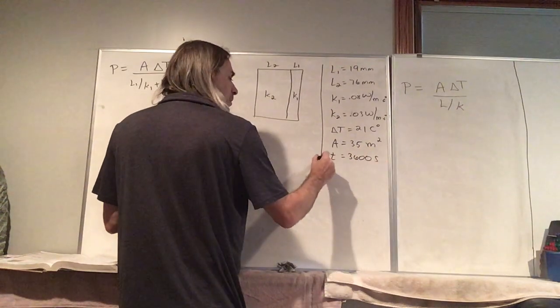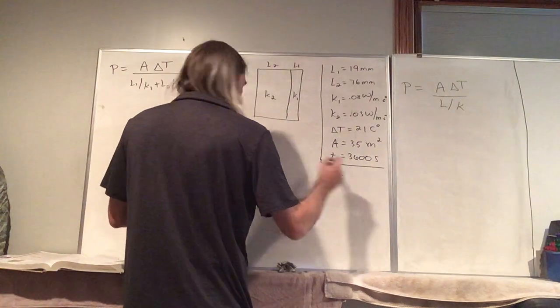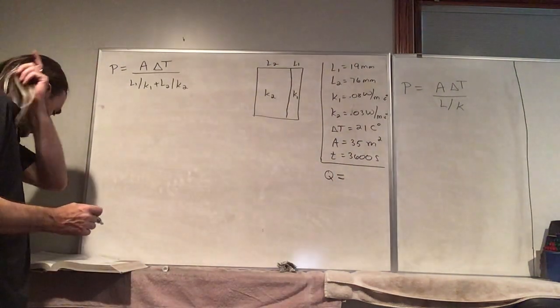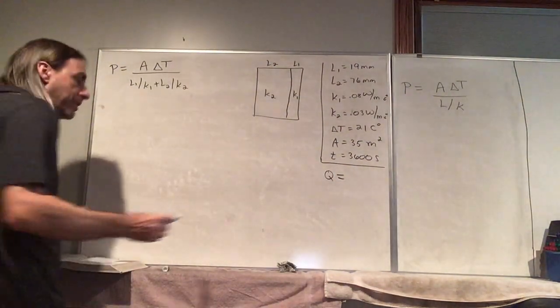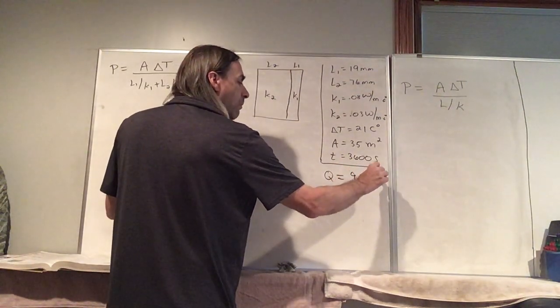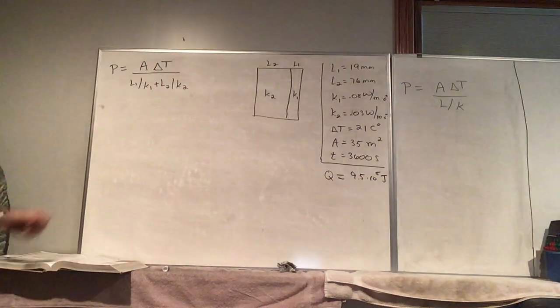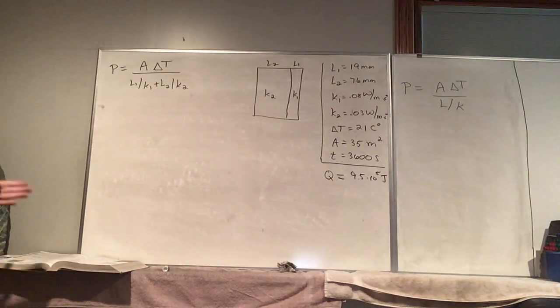I'm only going to write down the answer that we had with the insulation. That was 9.5 times 10 to the 5th joules. And so we want to check this formula, see if we can just do things directly, and we should get the same answer.